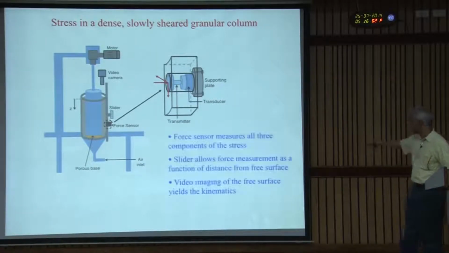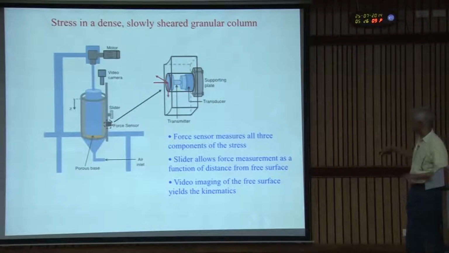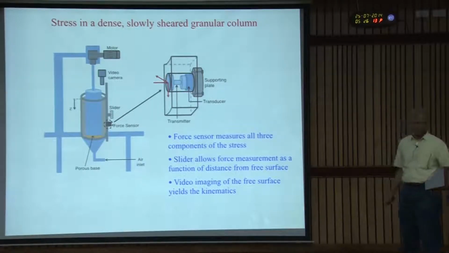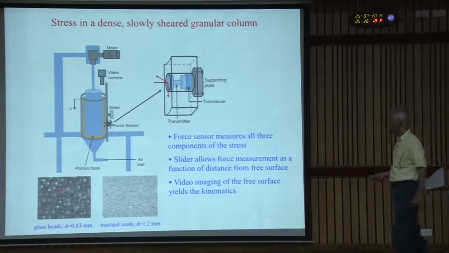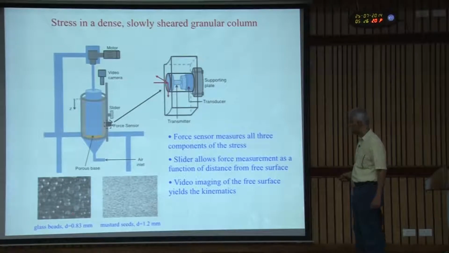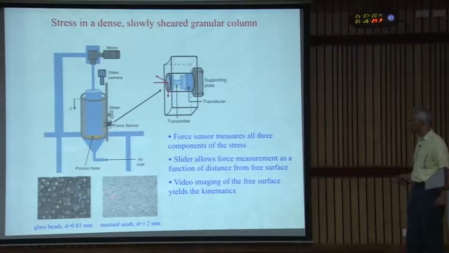All right, so that's what essentially we've done. We can also image from the top using a video camera and measure the velocities in the free surface. Of course, you can't look deep into the material because it's opaque. And the materials that we normally use to study are glass beads. We've also used mustard seeds, but I'm not going to talk about mustard seeds today.